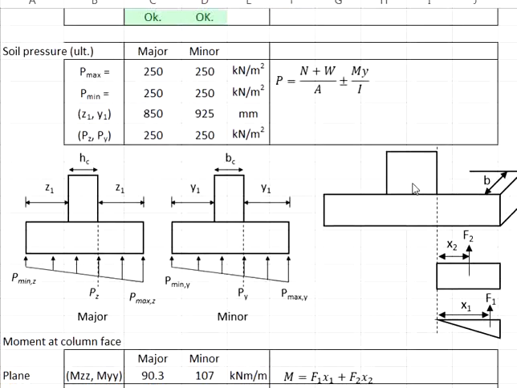Next, you will need to determine this span here. We term it Z1 and the Y1, representing the distance from the column surface to the edge of the pad footing in the major and in the minor axis.